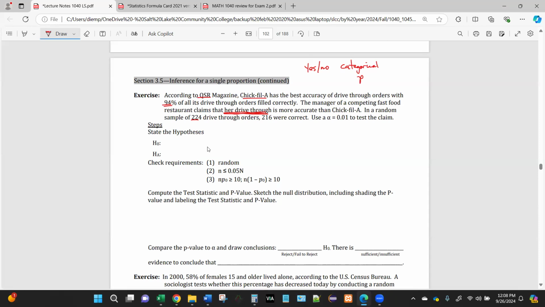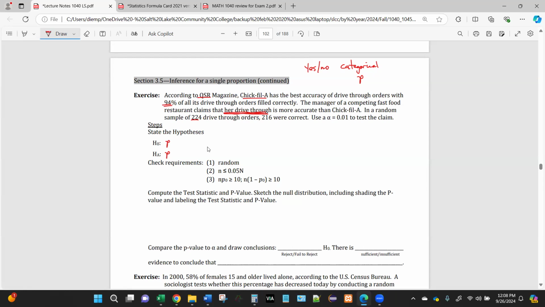The idea is if there's millions of drive-through orders, well, at this restaurant, there's probably at least hundreds or thousands of orders going through the drive-through here. And we're trying to get an idea of what the accuracy rate is for all of those orders. But we don't have all of them. We just have a sample, right?